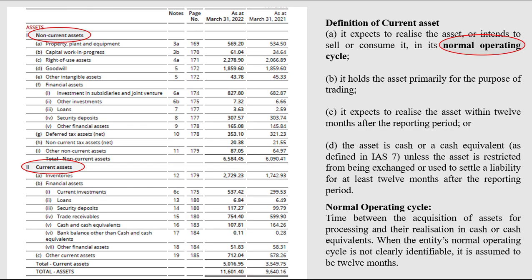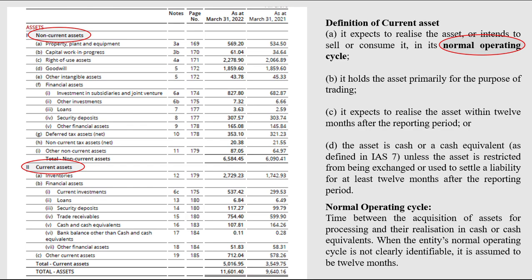Suppose you are in an industry which manufactures alcohol. They actually require beyond 12 months in order to have the finished product and fetch cash for the finished product, right? So in that case, even though it is beyond 12 months, we have to classify it as current.